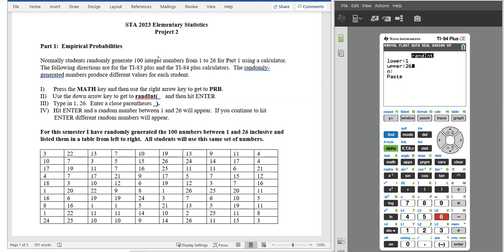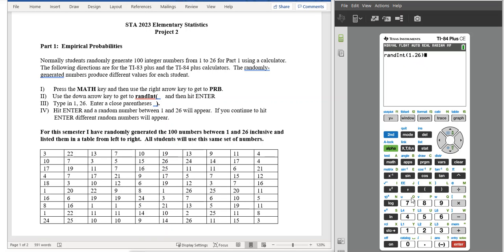N is 100. Now, I could type in 100 here, but I'm going to skip past that. We're going to do them one at a time. It'll be easier to keep track. And then I'm going to hit paste. Some of the older calculators don't have this step, but you can just go right past that and not worry about it, because the older calculators just start like this: random integer, and you put in the 1, comma, 26 right here and get the same exact thing.